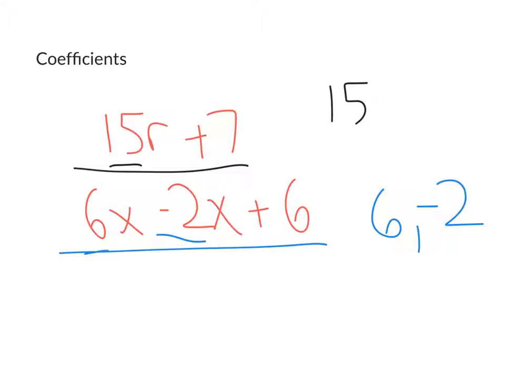Now the part that gets a little bit tricky, let's say if I have b plus 7 minus 3b. Every time I have a variable, I have to have a coefficient. And there's no number in front here.